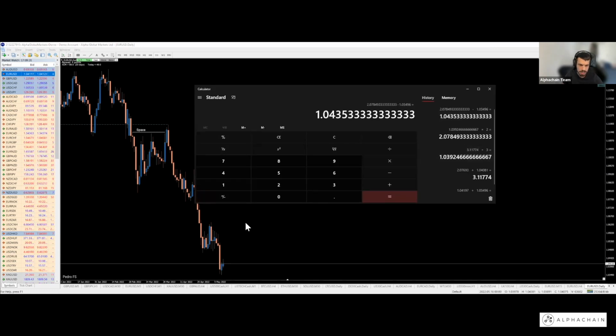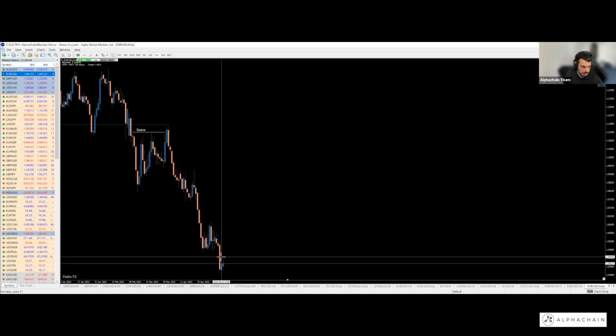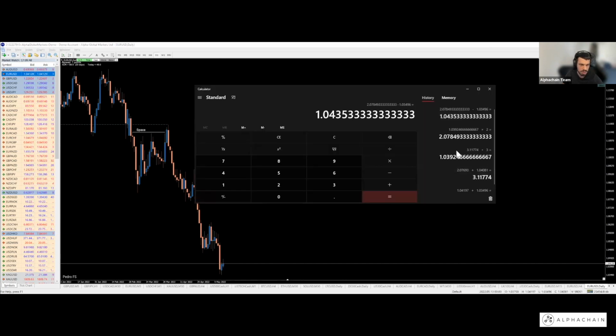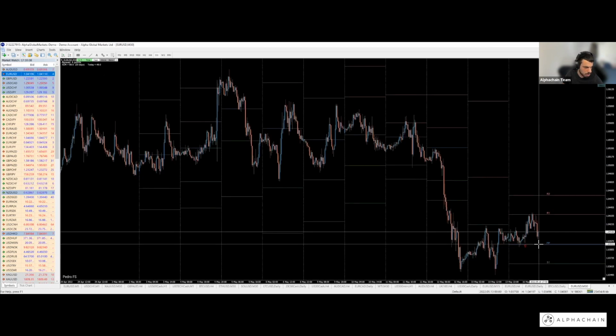So it's 1.04381 plus the low plus the close, divided by 3, which gives you 1.0392466, which is exactly the value that we have, 1.03923, more or less one decimal number, but it's going to be that one.